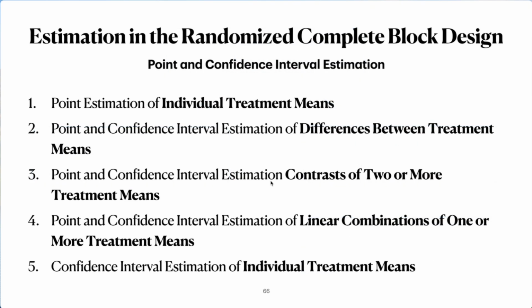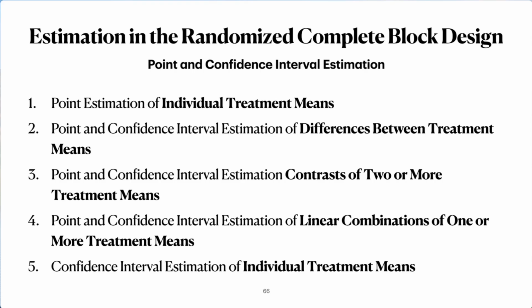Now, we're not going to start at the very top and work our way down. We're actually going to start at the bottom on the left side. The first thing we'll look at will be point estimation of individual treatment means. That's a very natural place to start, and we have to know how to estimate the individual treatment means before we can do anything else.